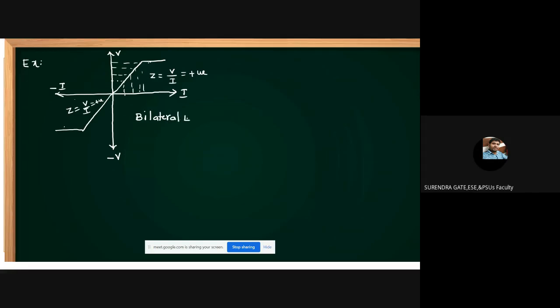Bilateral element, because it offers the same impedance in both the directions.